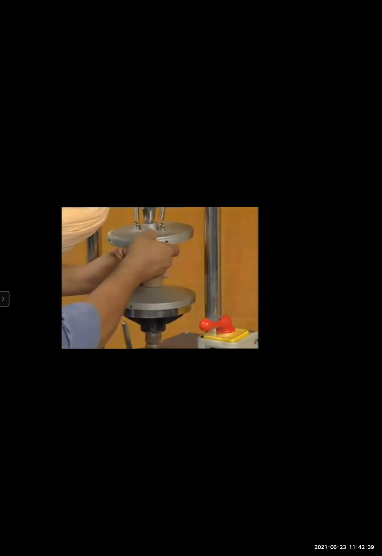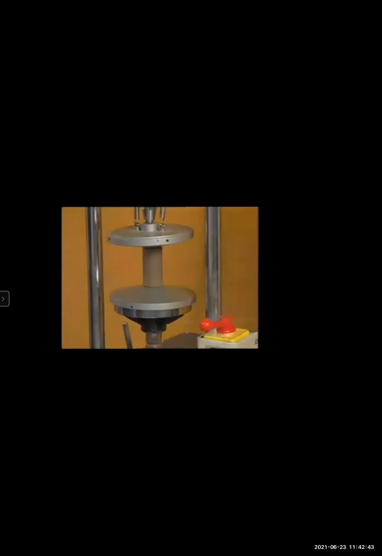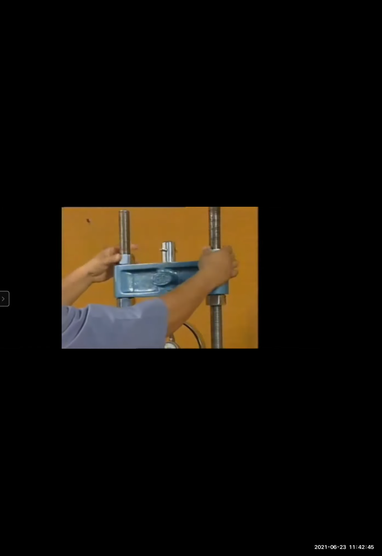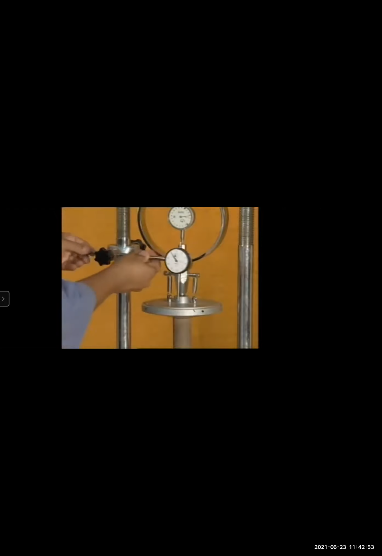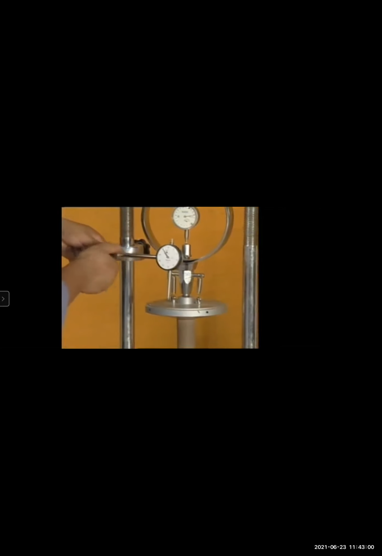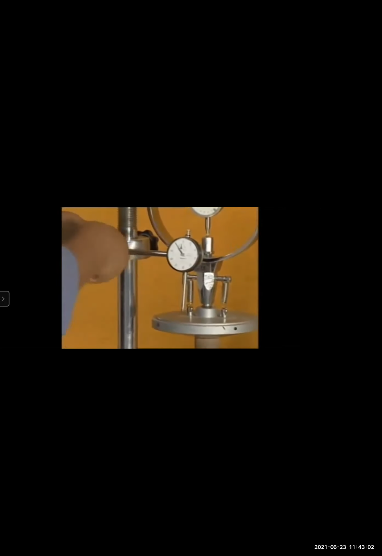Make final adjustment of the equipment. So load is applied on the soil specimen. Now start the machine and also fix the dial gauge in vertical direction for the measurement of deformation in vertical direction, and also start the stopwatch.